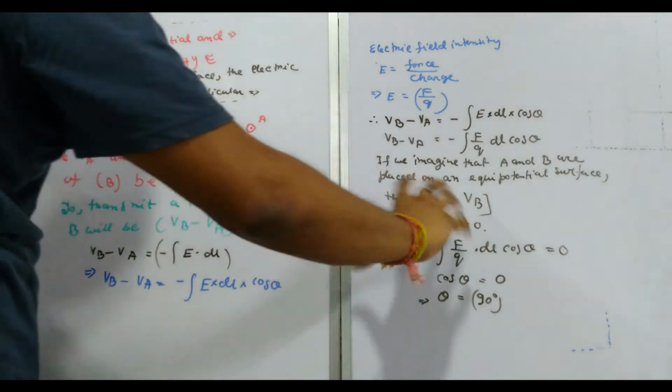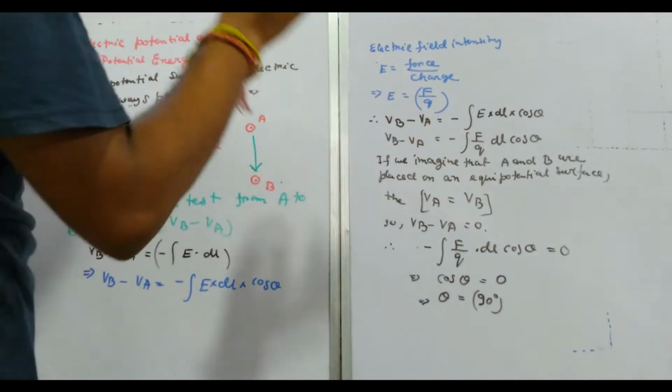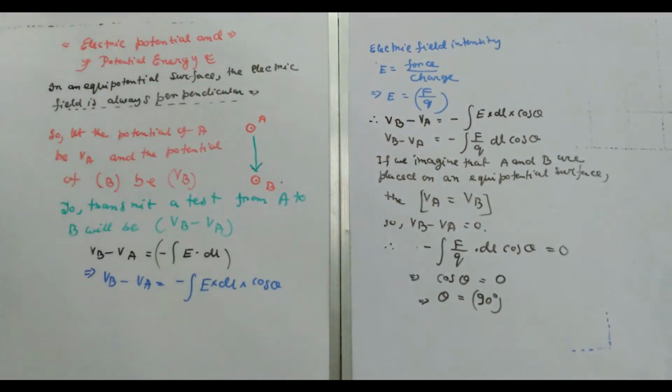As a result, the total work has been 0. This signifies that the electric field intensity is always perpendicular in an equipotential surface. Clear?